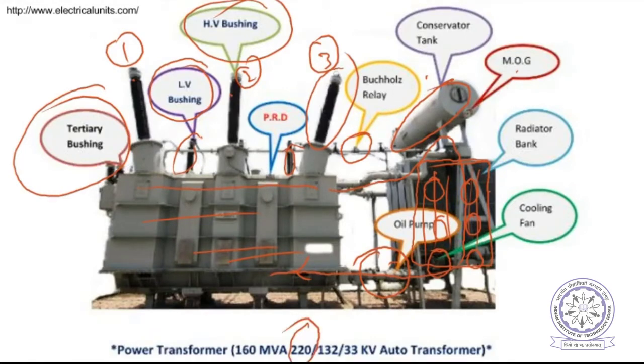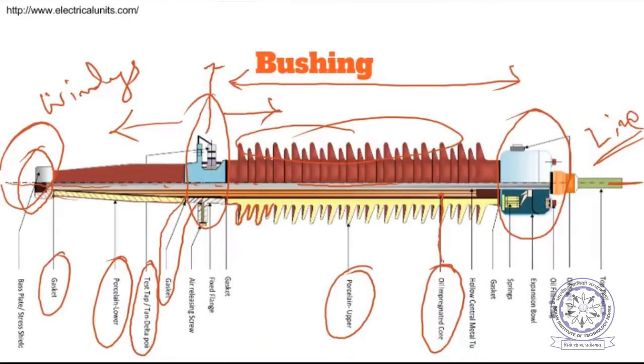You can see the height, and this LV bushing is of 132 kV, and this tertiary bushing is of 33 kV. So you can see the size of the bushings, how they depend on the voltage level. So this is about the structure of a bushing and the need of a bushing in a power transformer.